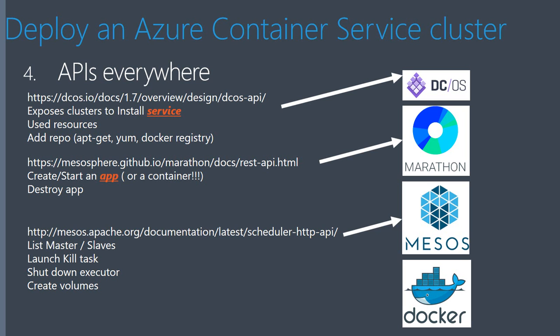Then we have Marathon. In Marathon, if you check the specification for the API, you will notice that it's everything about applications: creating, starting, and destroying applications. It's a scheduler, an orchestrator, so everything is about an application. And then we have Mesos.